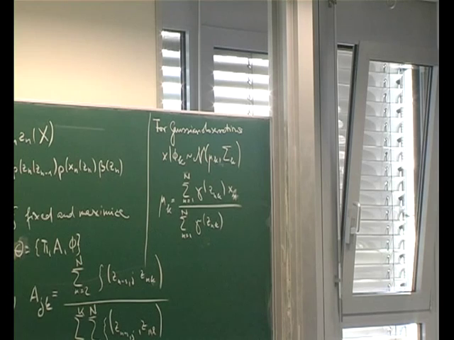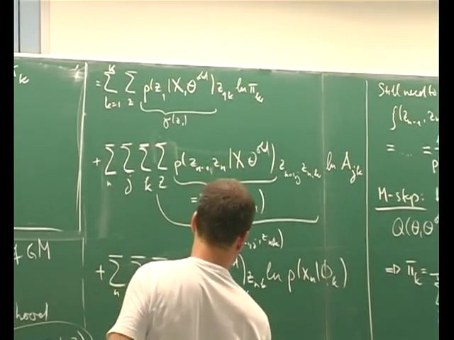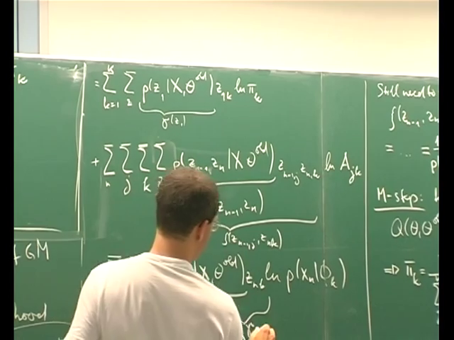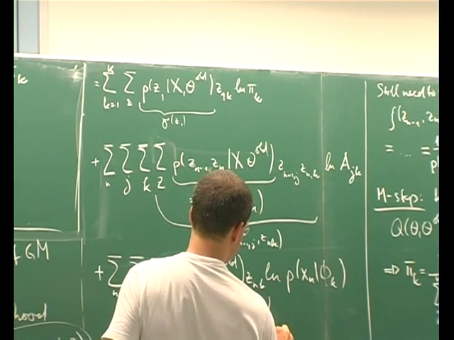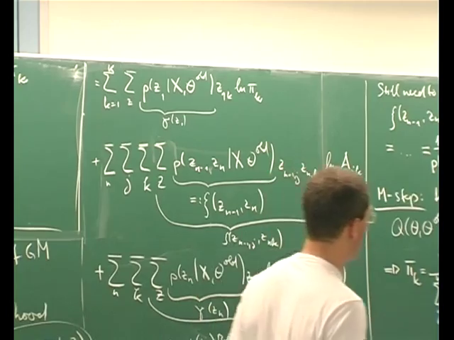Where gamma of z and k is this quantity here. So the expected value of gamma.